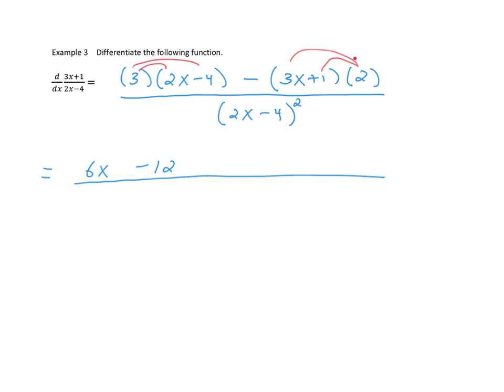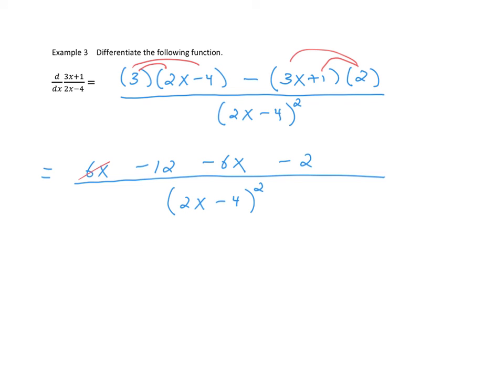Now, if we think about the x's that we get over here, we get another 6x, but it's negative, so I'm going to put negative 6x. Here I multiply in this 2, I get a positive 2, but this makes it negative, so I get negative 2. And again, I get the denominator squared.